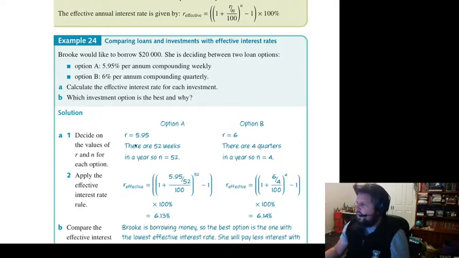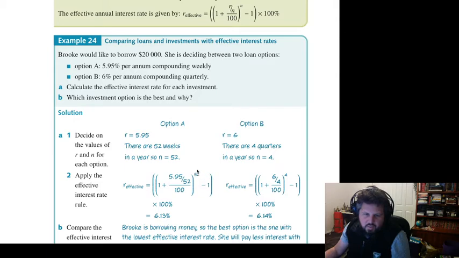Option A was 5.95% per annum, so that's the R value. It's compounding weekly, so you need to know there are 52 weeks in a year, so the N value is 52. You need to carefully plug those two values into the formula: little r, the rate, over n, and there's another to the power of n.